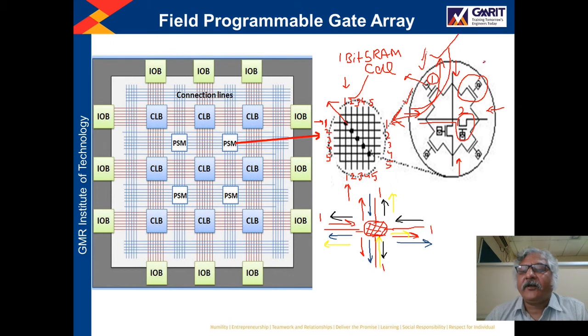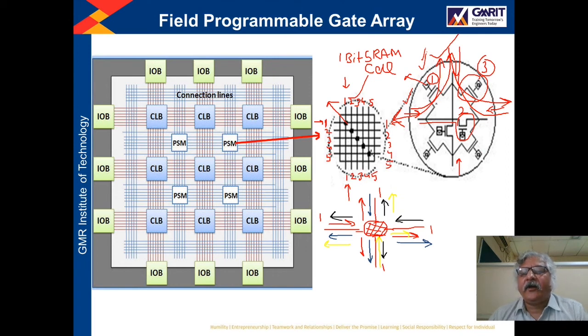So what is the purpose of this third NMOS? What it can do? It can route the wire coming from vertical side towards the right side, or a wire coming from the right side, it can route it towards the top, right?